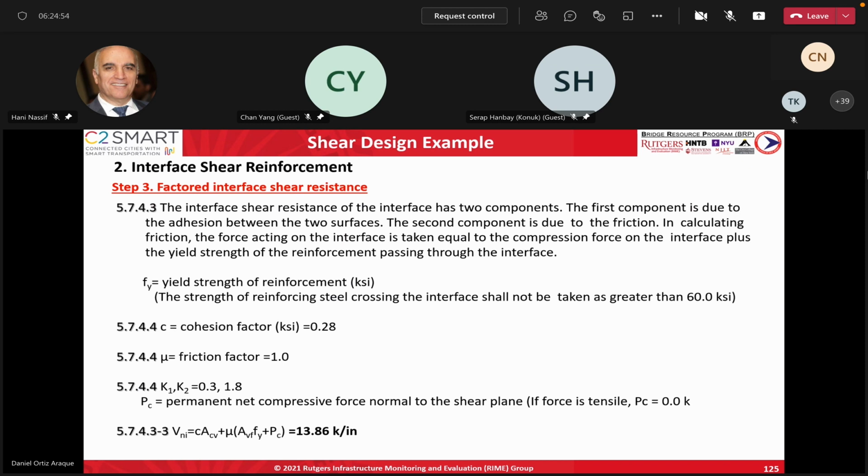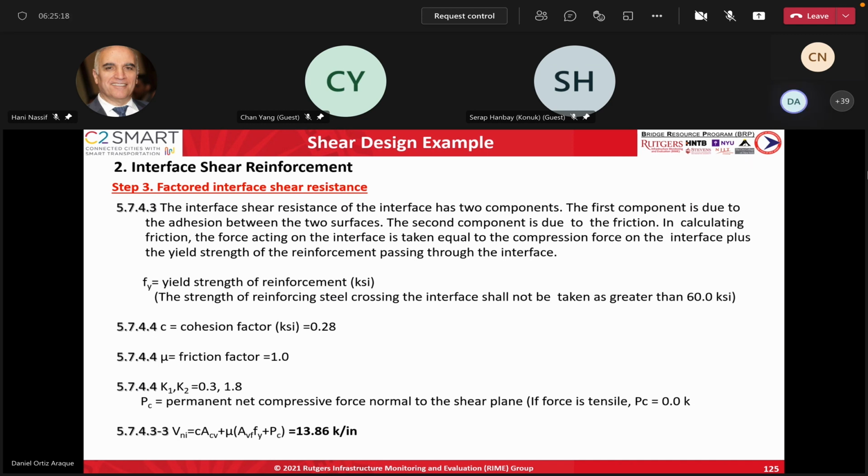So the next part is to calculate the interface shear resistance, right? For this, we're going to need the yield strength of reinforcement and a cohesion and friction factor that is given for the type of concrete we're using.